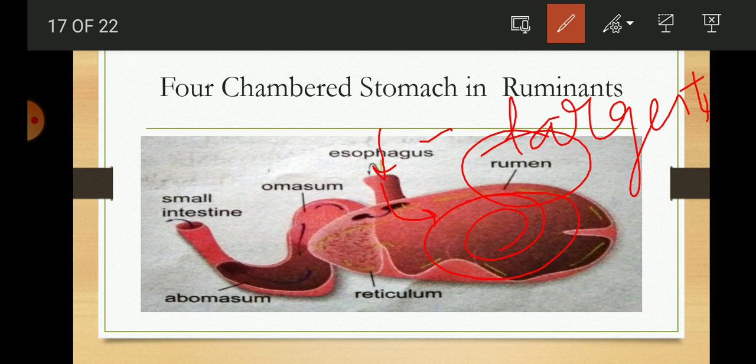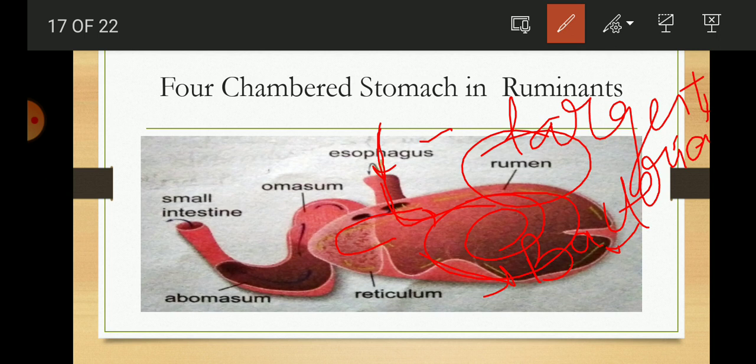We know that bacteria are present in the rumen, which release the cellulase enzyme. So when this food comes from the mouth through the esophagus, it first goes into the rumen chamber, where it mixes with the bacteria, and then it goes into the reticulum part.